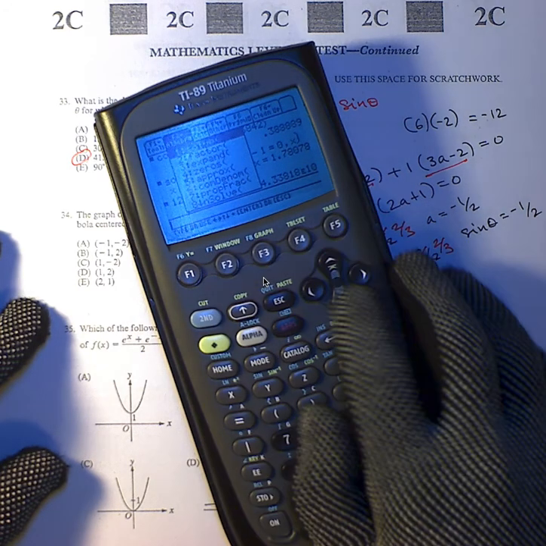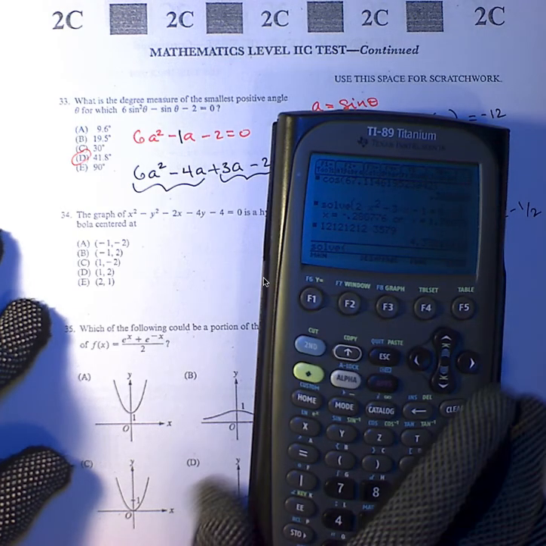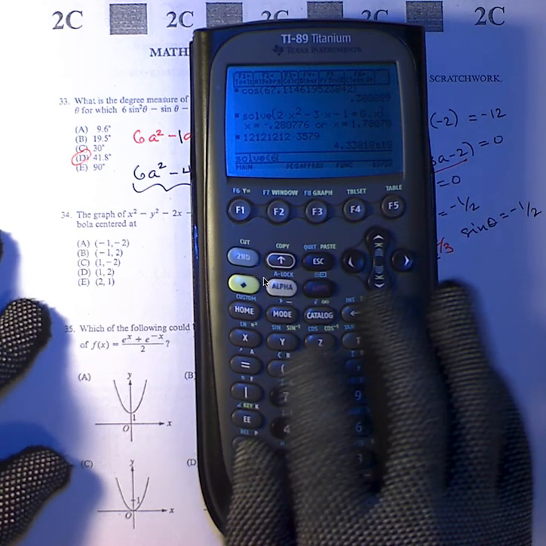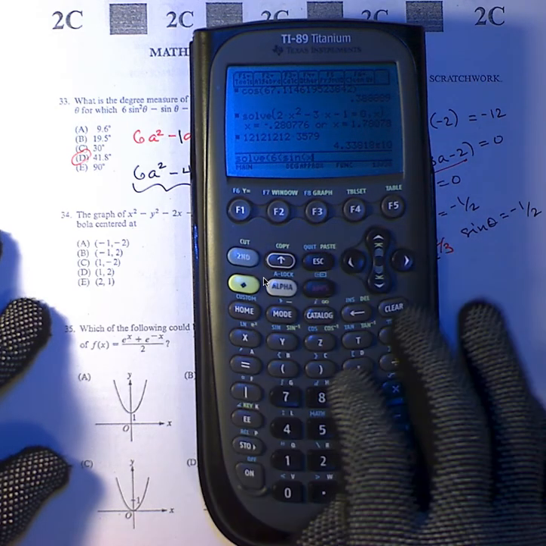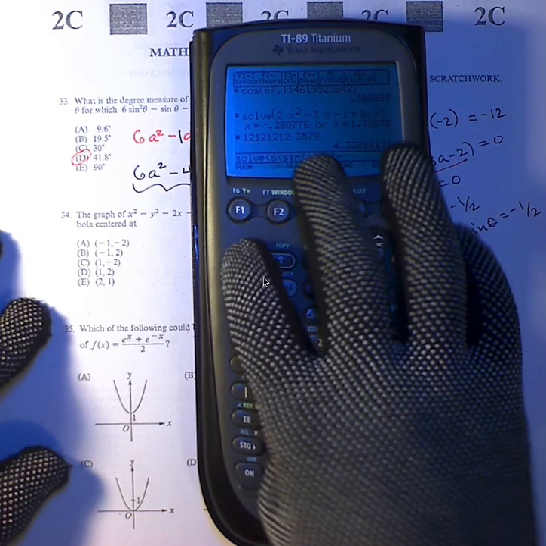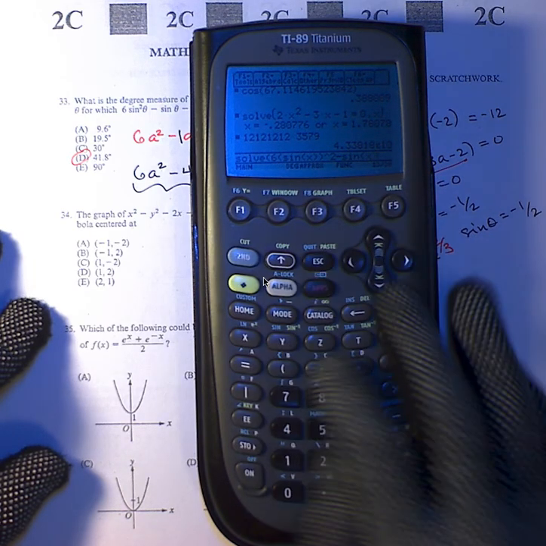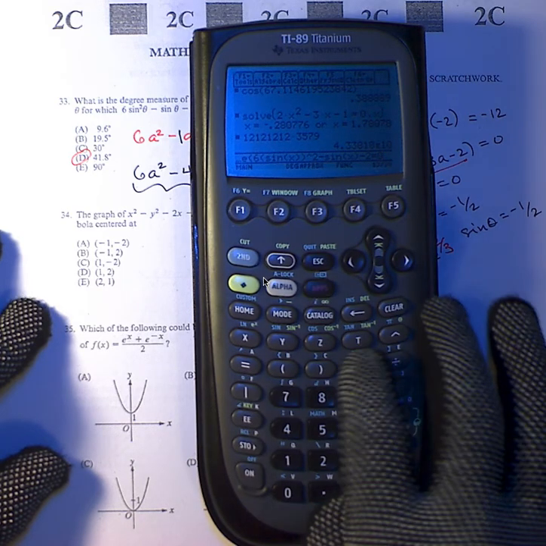How? You go to F2 solve and then type the equation exactly as it appears. So 6 and then parenthesis for the sine squared, sine x squared, minus sine x, minus 2 equals 0, comma x.